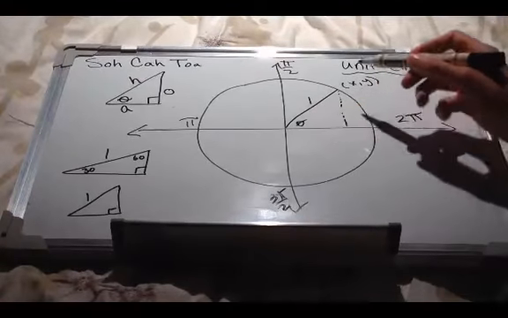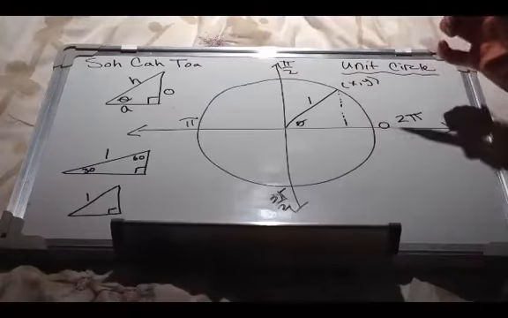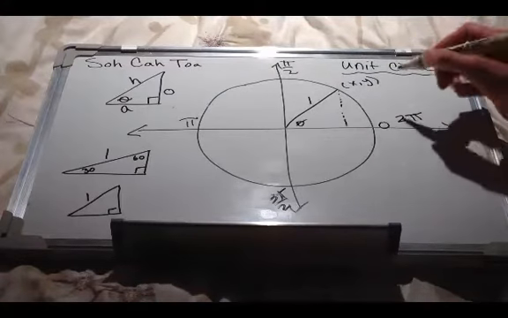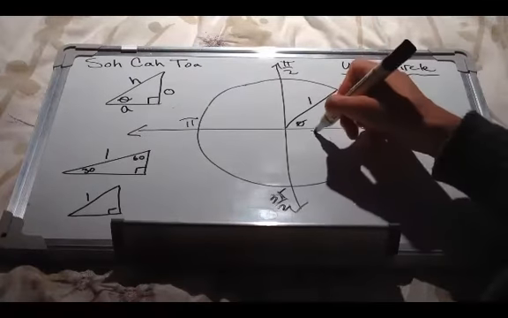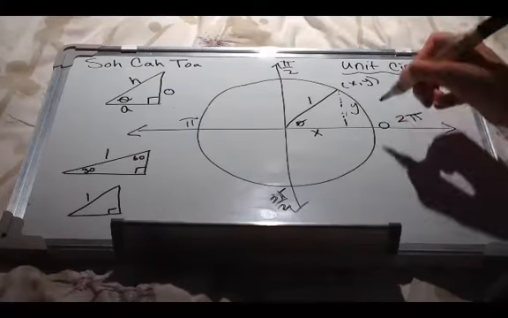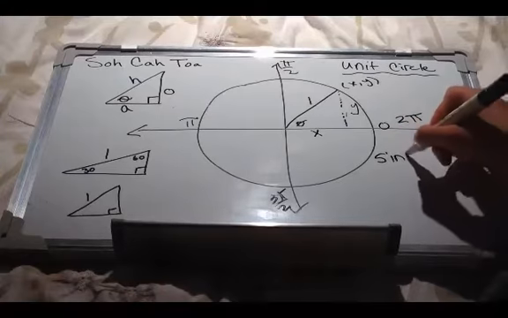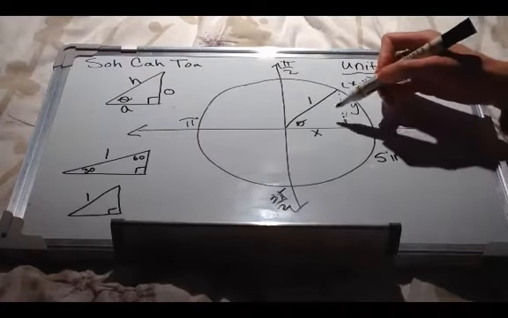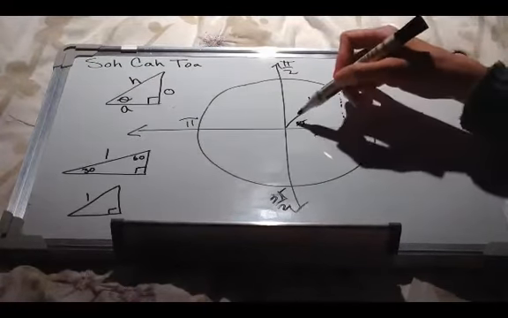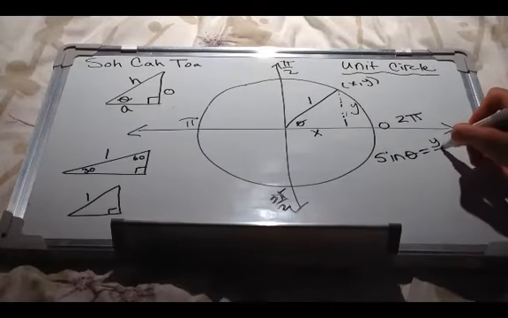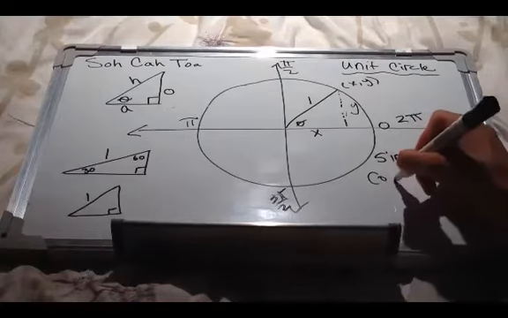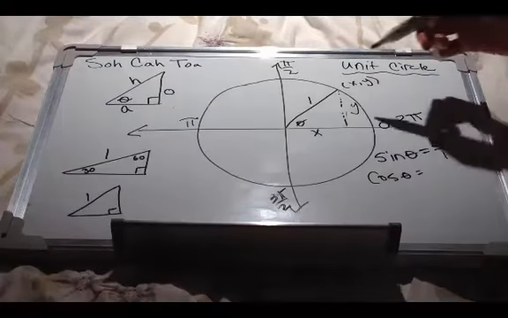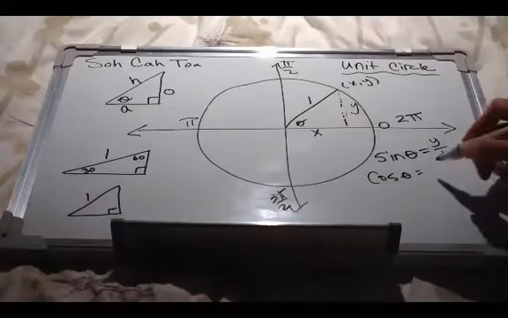So if I wanted to find, say, sine of this theta, we see in our triangle that this is our y and this is our x. So I would say sine of theta is equal to opposite over hypotenuse, so y over 1. And cosine of theta is equal to x over 1.